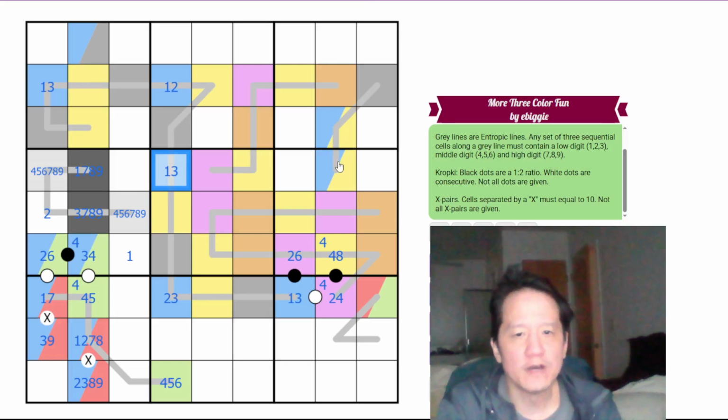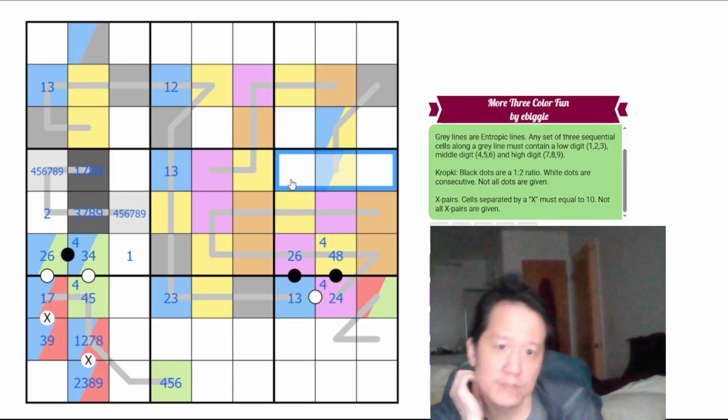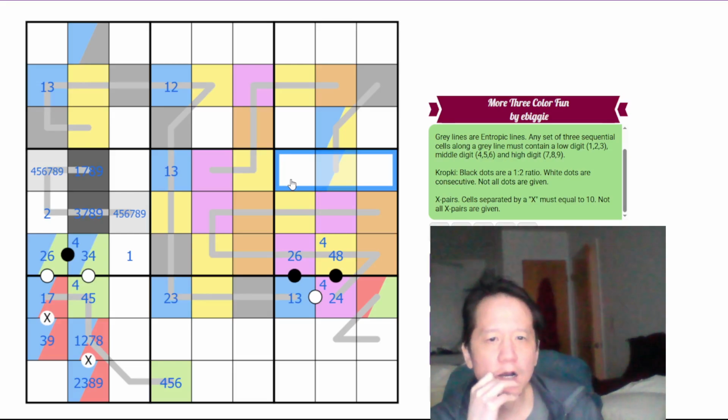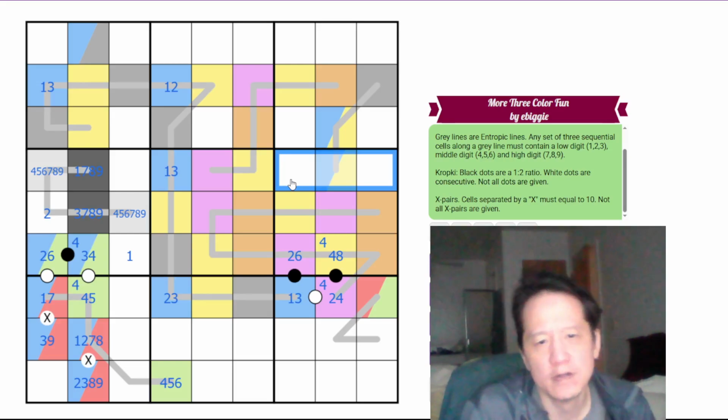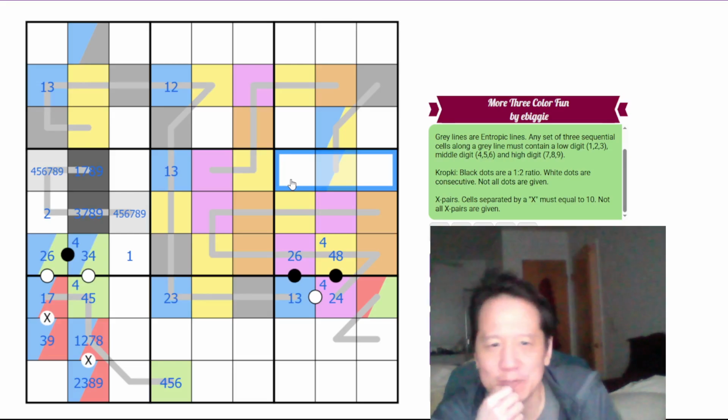We know we have 3 each of one of these cells of pink, yellow, and orange. I see it. Wait, no, I don't. Never mind.